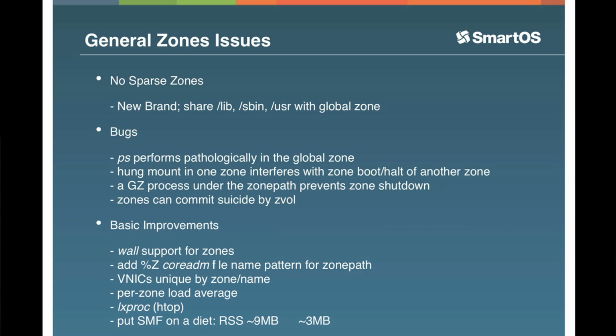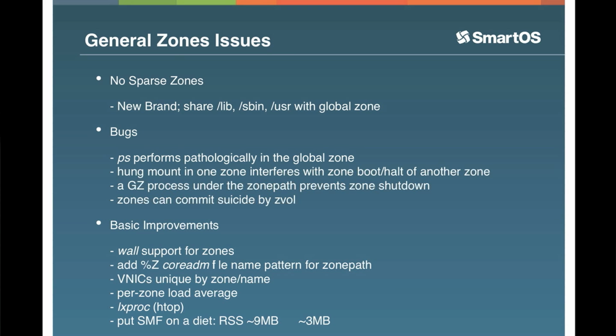So there's a lot of other ones. These are just some simple examples. There are bugs that we fixed, and then there are general improvements that we went through just to make quality of life better on the system. This is simple things like making WALL work so that you can send messages across all the zones if you're the operator and you want to tell people something's going on, like a shutdown.